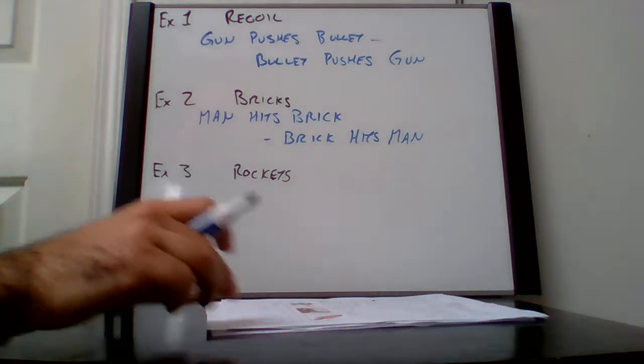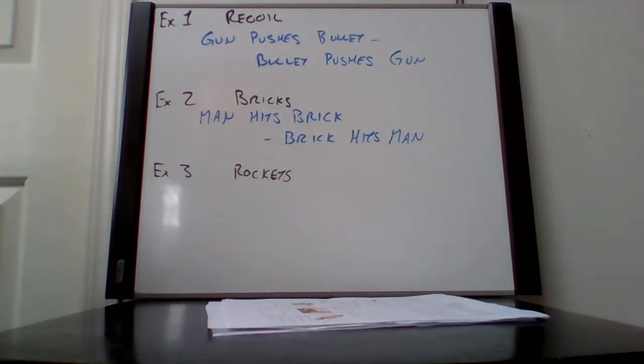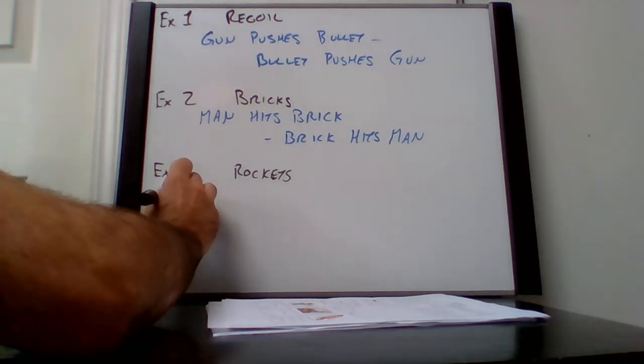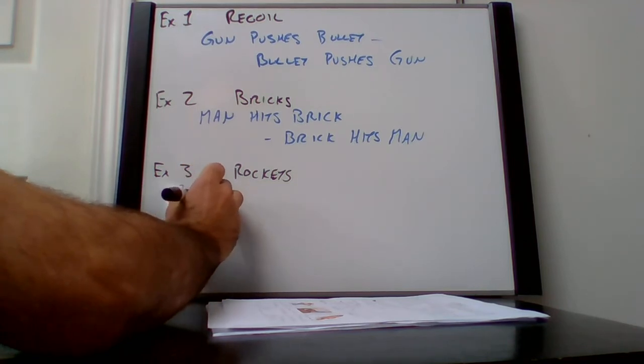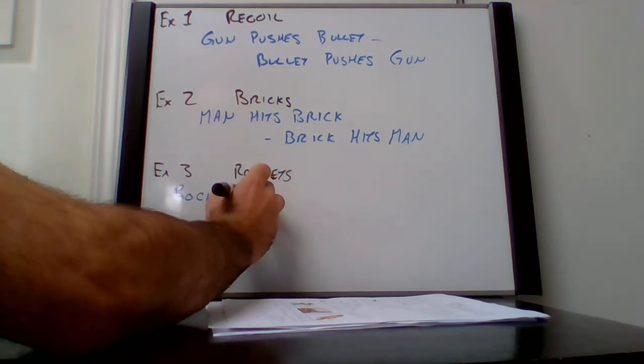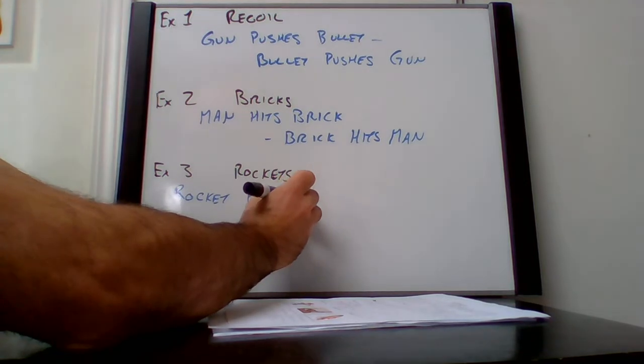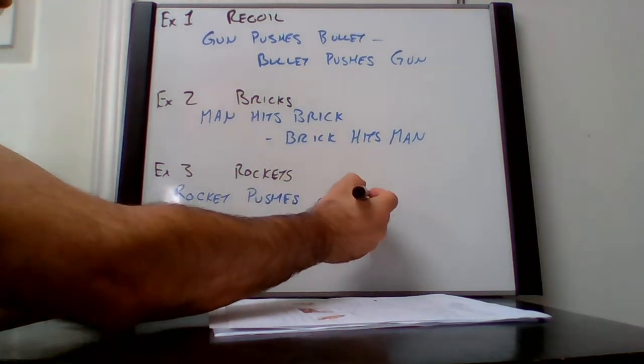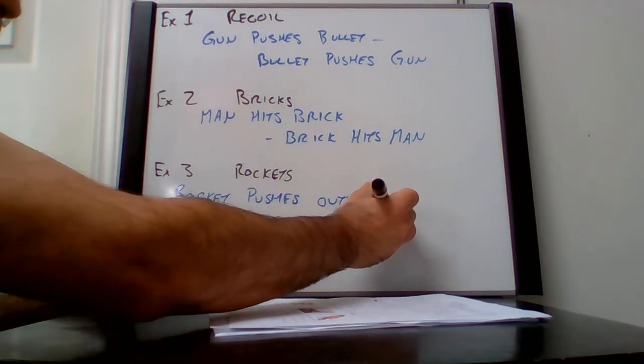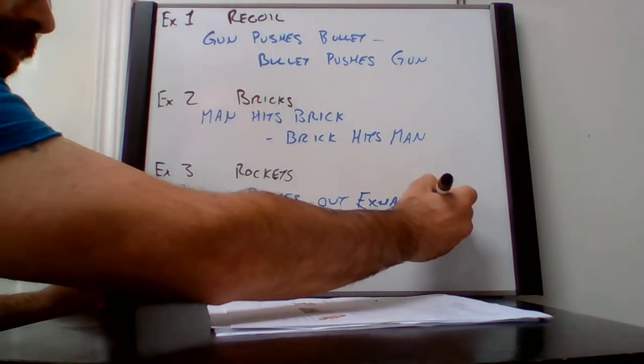two. Now, the third example we have here is a rocket. And so how does a rocket launch itself into space? Well, we ignite gas, and so the rocket pushes exhaust gas.